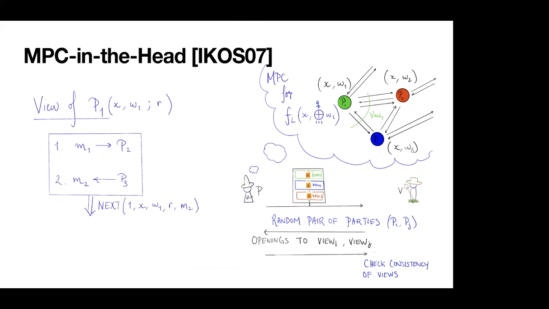For us to compute the next round's messages, namely the messages that P1 will send out, there's a deterministic next message function, Next, which takes in the identity of the party, 1 in this case, its inputs X and W1, its randomness R, and all its previously received messages, because you can always just recompute all the sent messages from the received messages. And it computes all the next round messages that this party would send out. So here in round 3, the Next function would say that P1 sends M3 to P2 and M4 to P3.